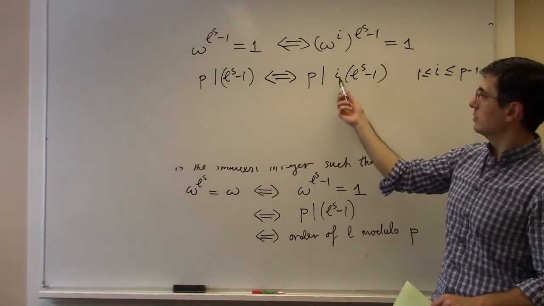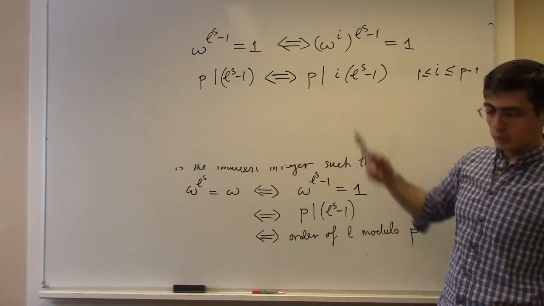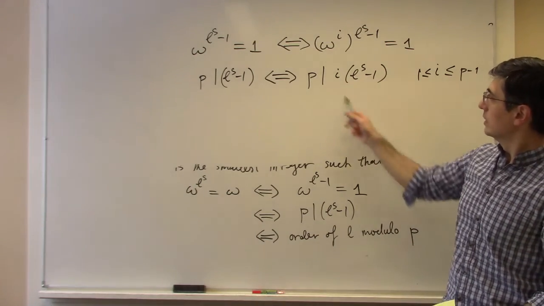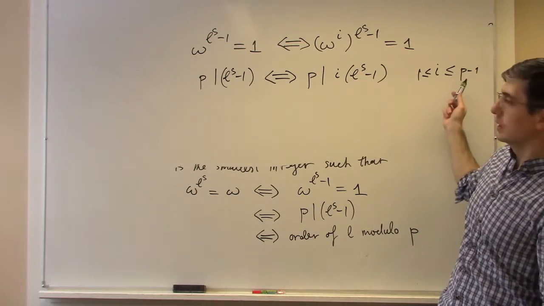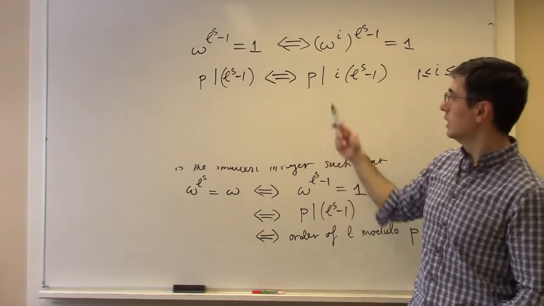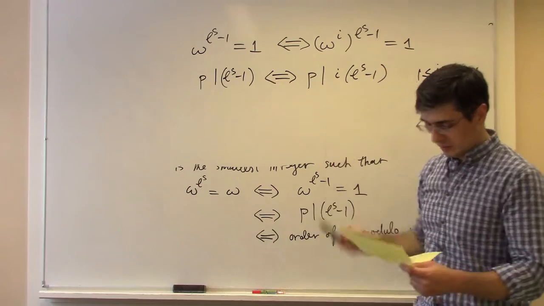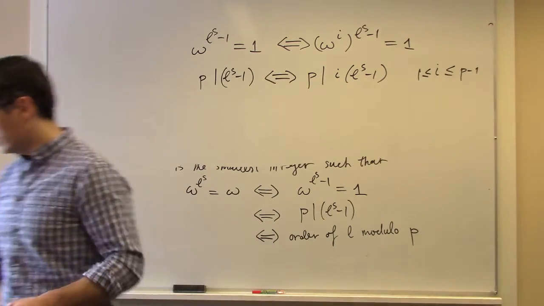Right? So it doesn't matter if I put an extra i here, because i is smaller than p, it is coprime to p. So these two statements are equivalent.